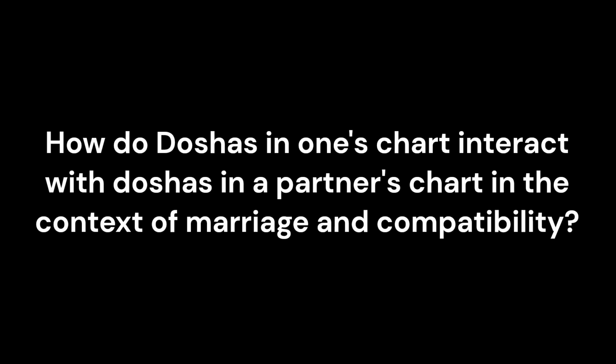The thing is, the divisional charts are parts of the basic chart. Divisional charts show the extension of the individual houses or bhavas in the natal chart. See, in the natal chart, the first house or first bhava is called the Lagna bhava.